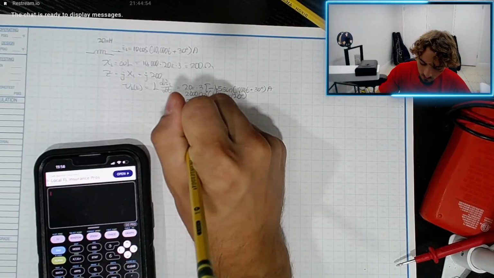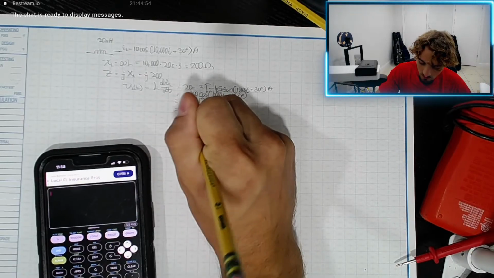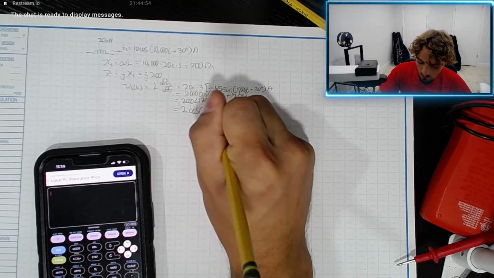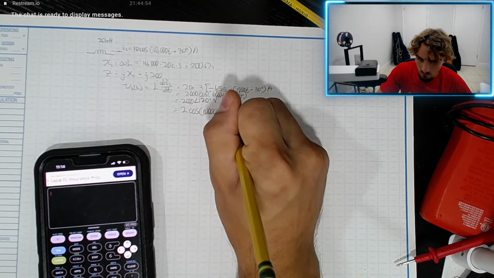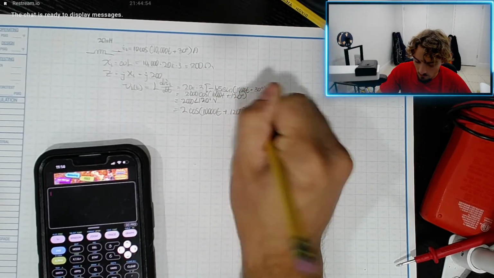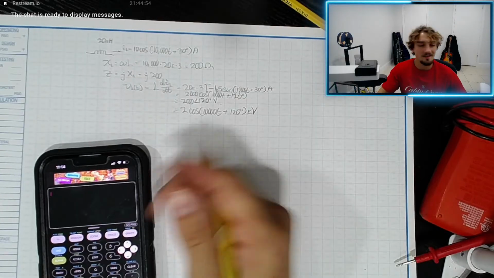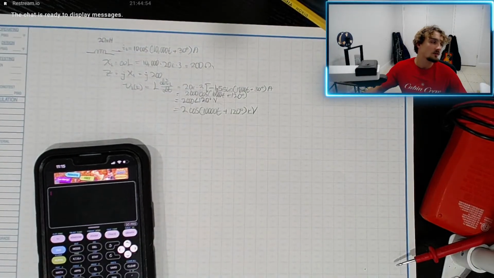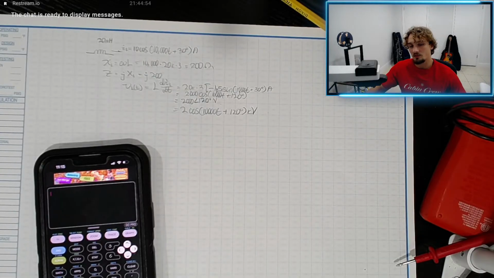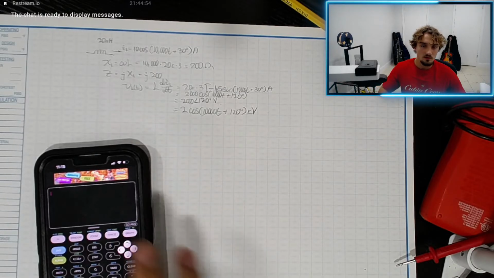So it would equal 2 cosine(10,000t plus 120 degrees) kilovolts. I guess it's like the most formal way to write it. I don't know. The question again was steady state expression. Okay. Let's move on to the next one.